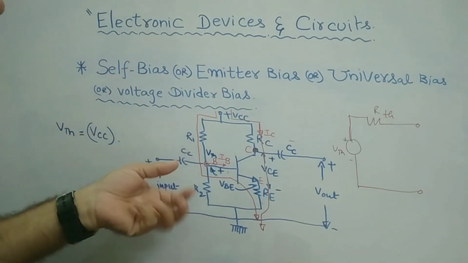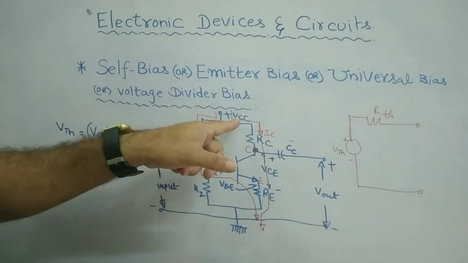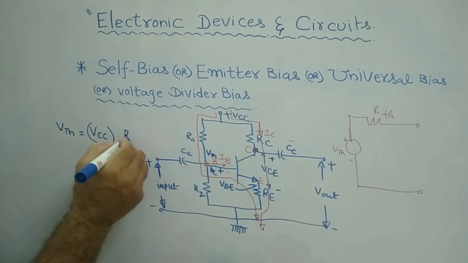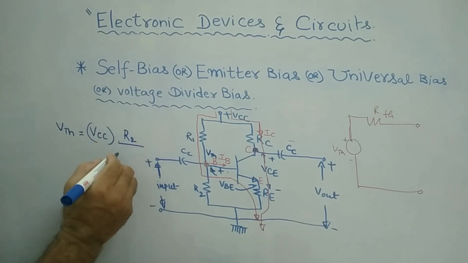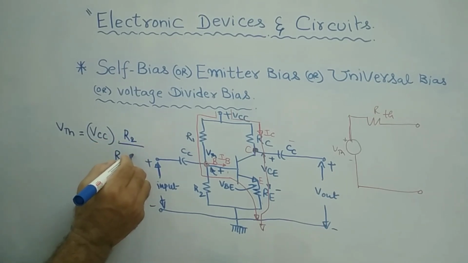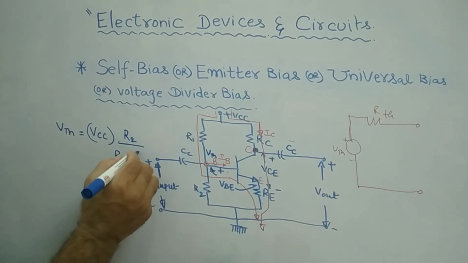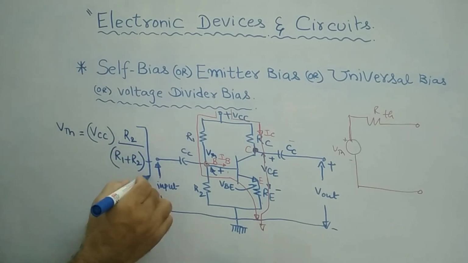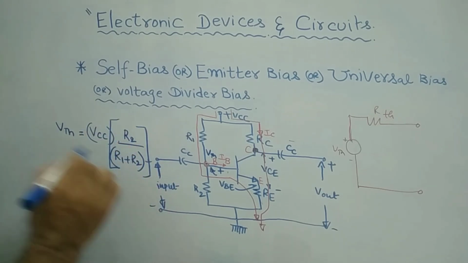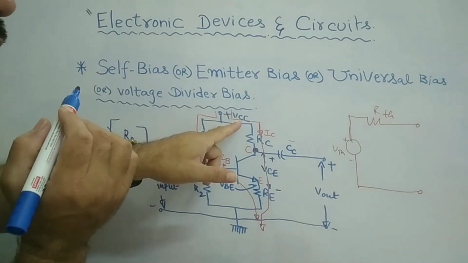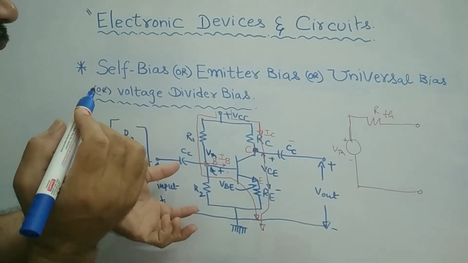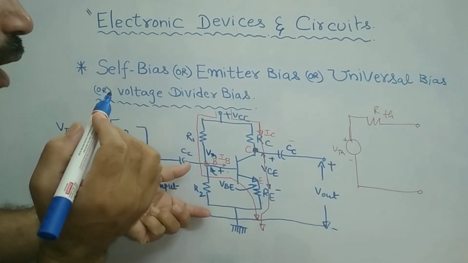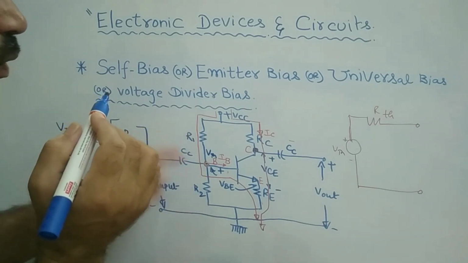Therefore, V Thevenin is equal to the input voltage VCC into the resistance across which you are going to find the V Thevenin. That means input voltage VCC into R2, since I am finding V Thevenin across R2, divided by the total resistance R1 plus R2.